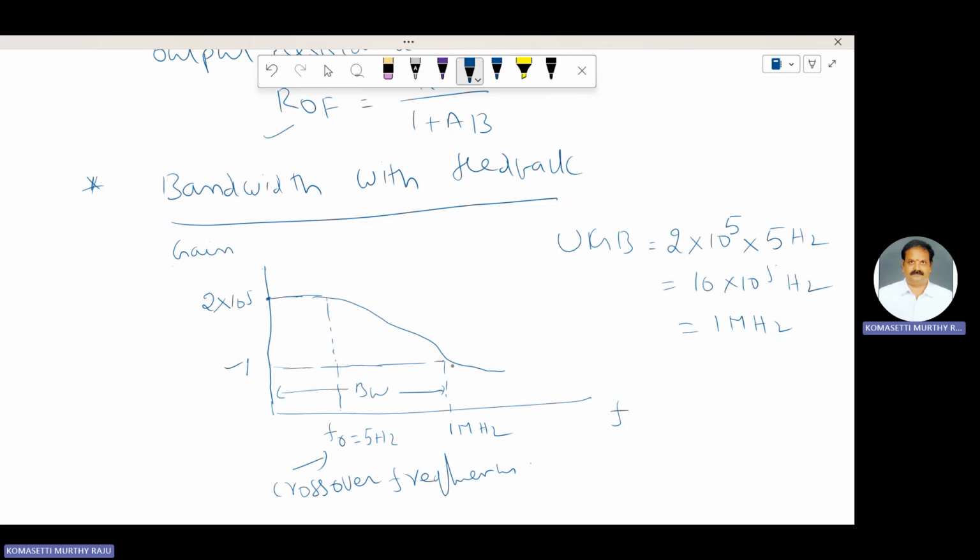The gain bandwidth product is constant, equal to unity.